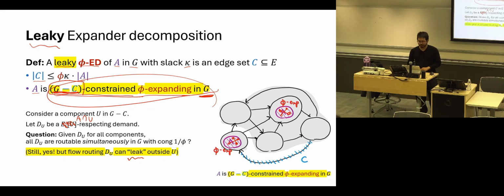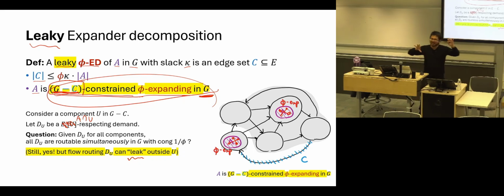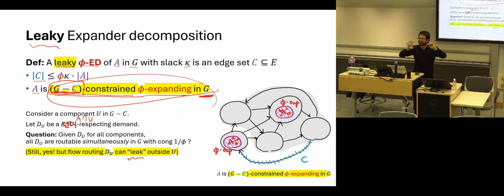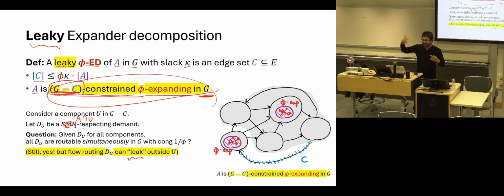Previously, given demand on every component together, you can route them separately. Here you can route them too. They might interfere, but still with low congestion. So in some sense, we're not leaking too much flow.